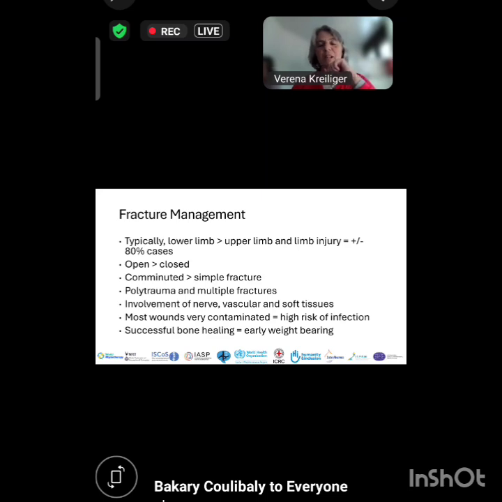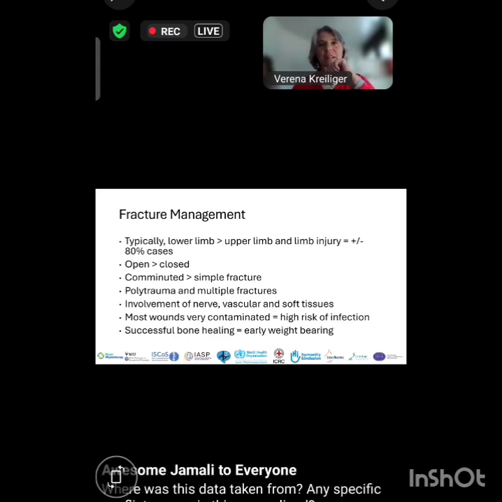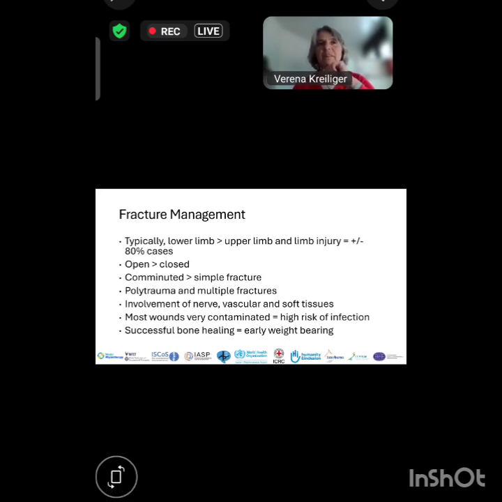A patient will not die necessarily of a fracture if there is no nerve or vascular injury. So if we think about the first management of a patient arriving in a hospital with a fracture, the fracture immobilization is secondary to the wound and also secondary to ensuring that the patient is not bleeding to death.